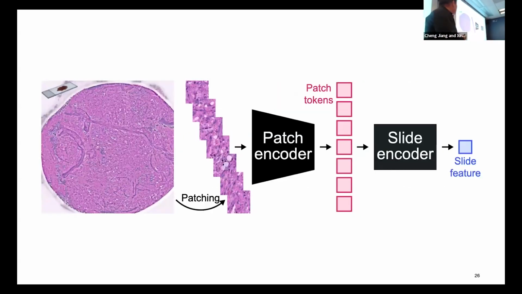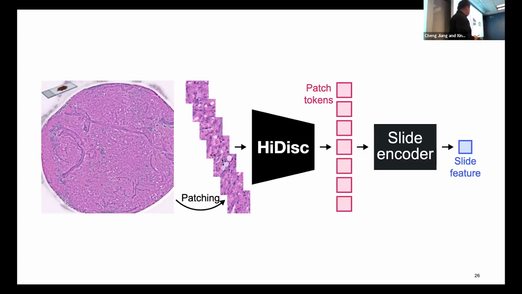So going back to our vision on how to train these two-stage networks, we believe the way to train the patch encoder is through HiDisk. It learns very good representations and is very efficient. It doesn't require the strong augmentations that everything else requires. To tell you more about the slide encoders, I'm going to pass it off to Renly.